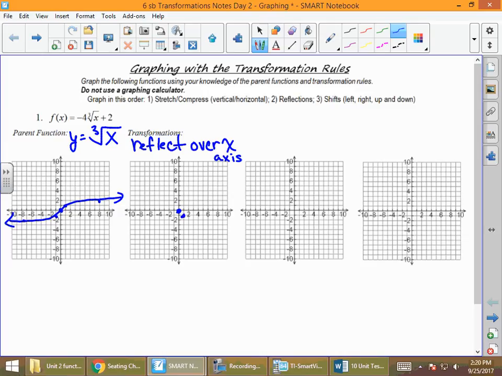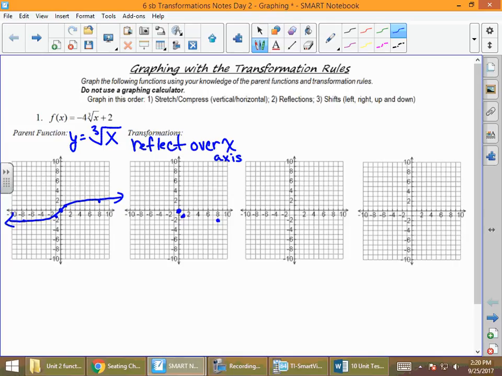negative 1. And sometimes I make a hand gesture just to remind myself. I'm flipping over the x-axis, and I know you can't see that on the video. The 8, 2 is going to flip over the x-axis, so it's going to stay at 8, but now it's going to be at negative 2. And the same thing's going to happen with the other points.